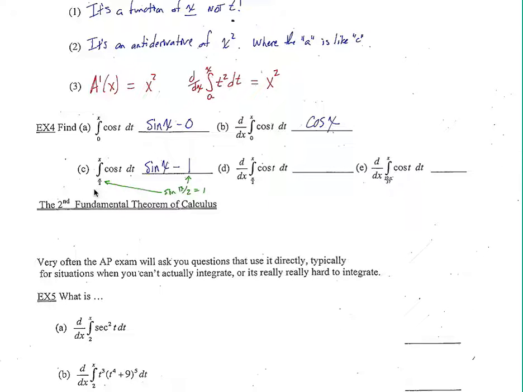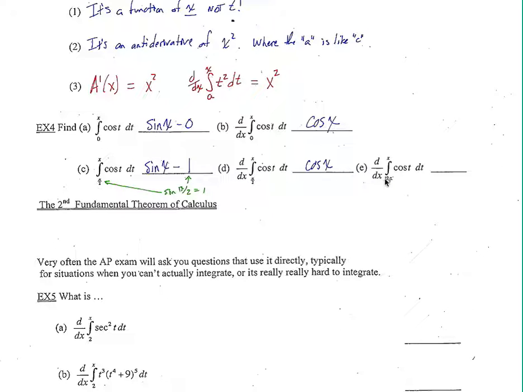D, if we are taking the derivative of the integral and the upper bound is our variable, lower bound is pi over 2, the derivative is, again, just like the one up above in B, cosine x.